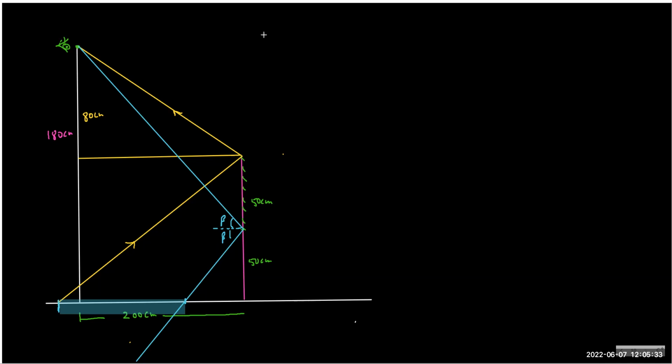So this light ray after reflection can reach here. What we do is we use the extreme of the mirror to see where the light ray can go eventually. And then what we do next is we use the similar triangle concept.